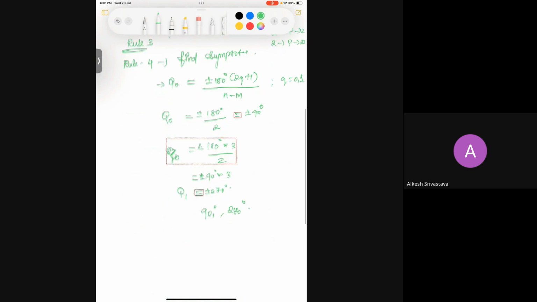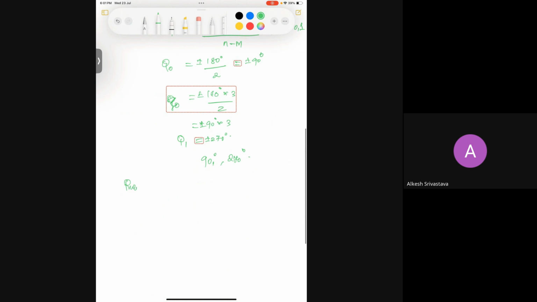The next rule is the centroid, which you have to find. Centroid is the sum of values of poles minus the sum of values of zeros, divided by the number of poles minus the number of zeros.